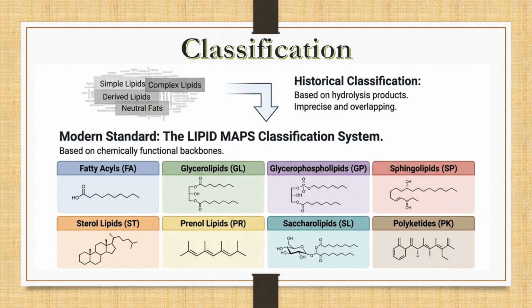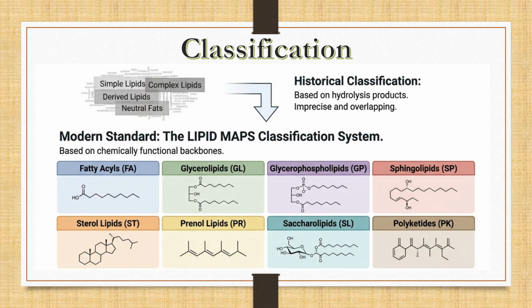Early lipid classifications were based mainly on chemical composition and hydrolytic behavior. While these systems were useful at the time, they became inadequate as new lipid molecules were discovered. Historically, lipids were grouped into four major classes based on their composition and the products formed after hydrolysis.